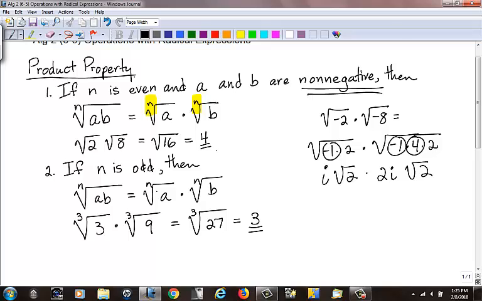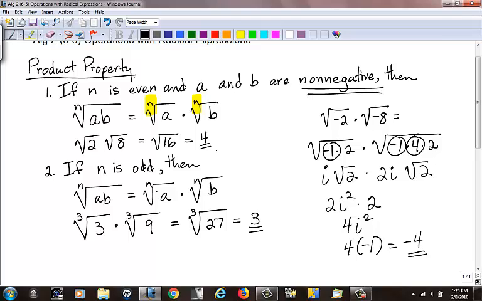So i times radical 2 and i times radical 8, which is 2i radical 2. Radical 2 times radical 2 is 2, so you'd have 4i squared. i squared is -1. Final answer is -4.